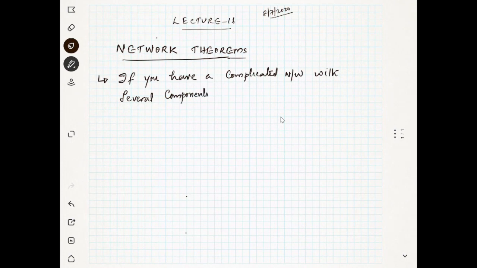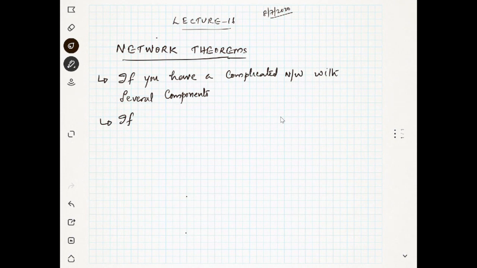In this case, you will use the theorem. If you have a very complicated network, then only you will be using a theorem. If you have a very small network, you don't want the network theorems at all.